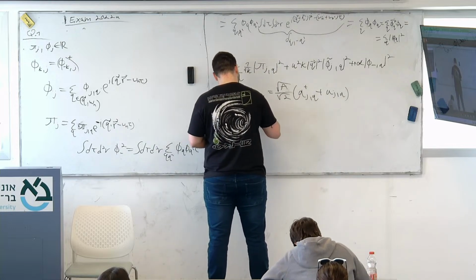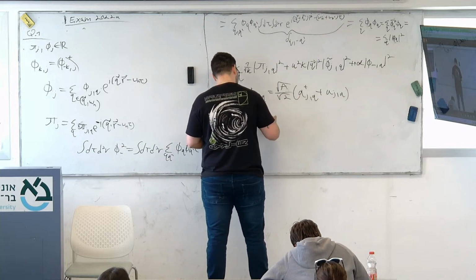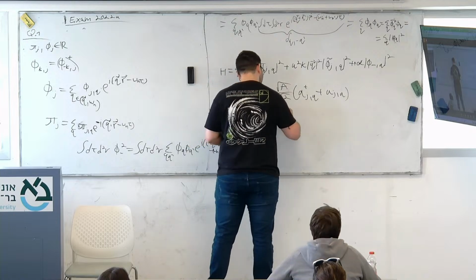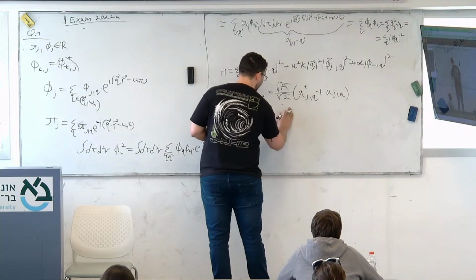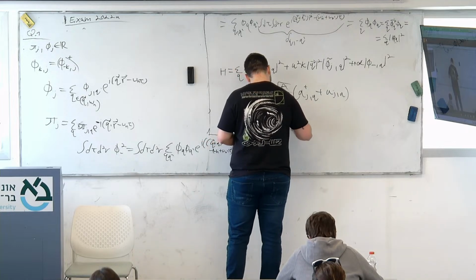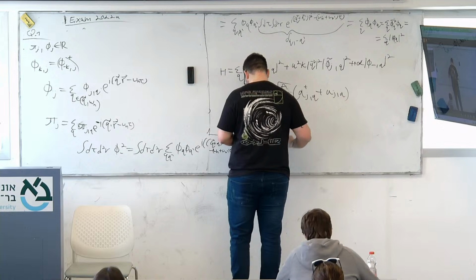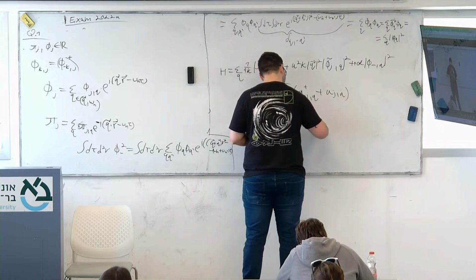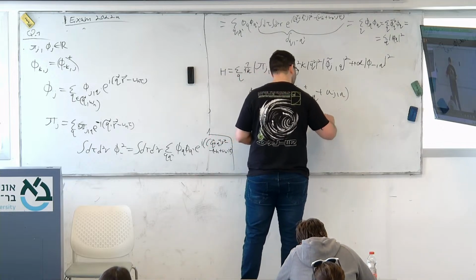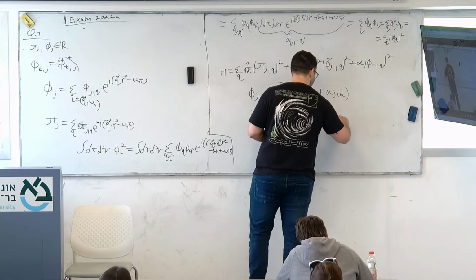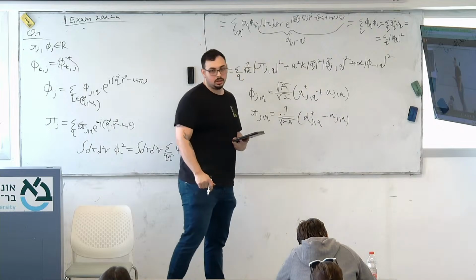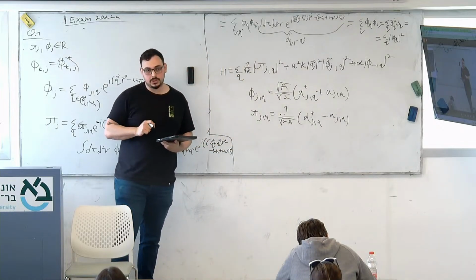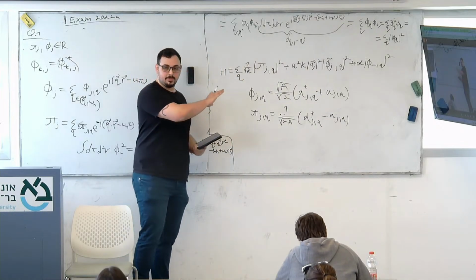I don't remember if she said it's boson or fermion, but it's the same. Sorry, and pi_j(q) equals 1 divided by square root of 2a, times (a_j(q) dagger minus a_j(q)). Right. So this is a transformation you should remember by heart.